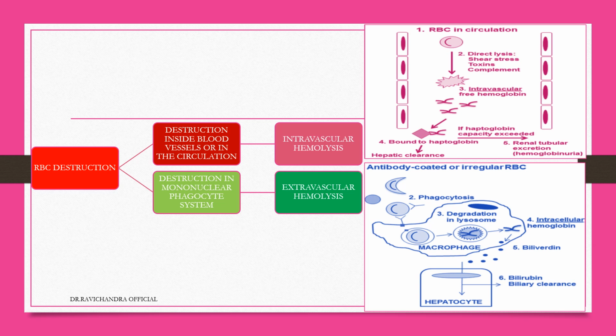In intravascular hemolysis, the RBCs in the circulation, because of shear stress, toxins or complement, undergo direct lysis, resulting in formation of free hemoglobin in the plasma. It is bound to haptoglobin and cleared by the hepatocytes. If haptoglobin capacity is exceeded, the free hemoglobin is excreted into the urine by renal tubular excretion and results in hemoglobinuria.